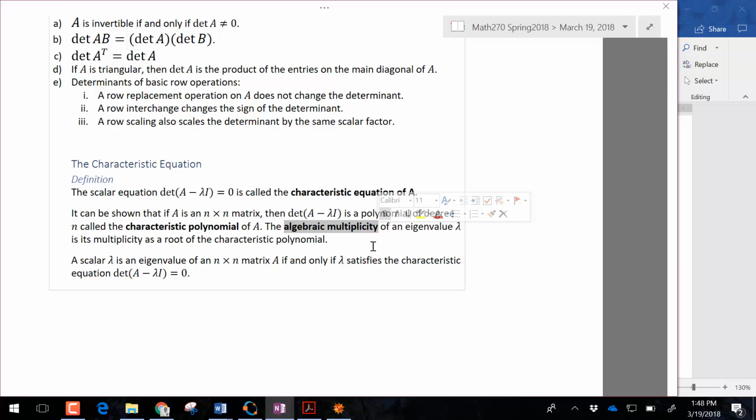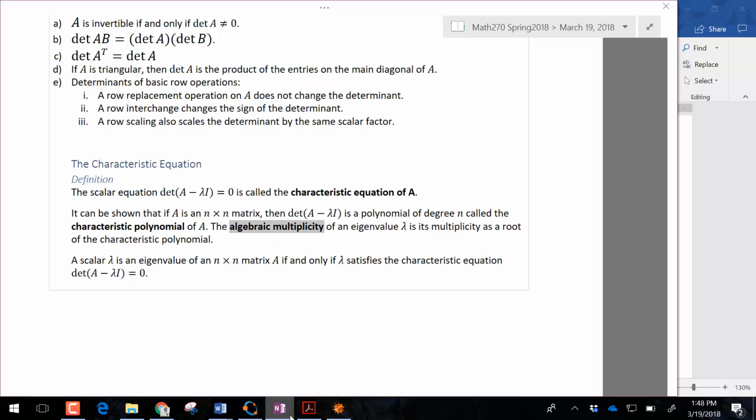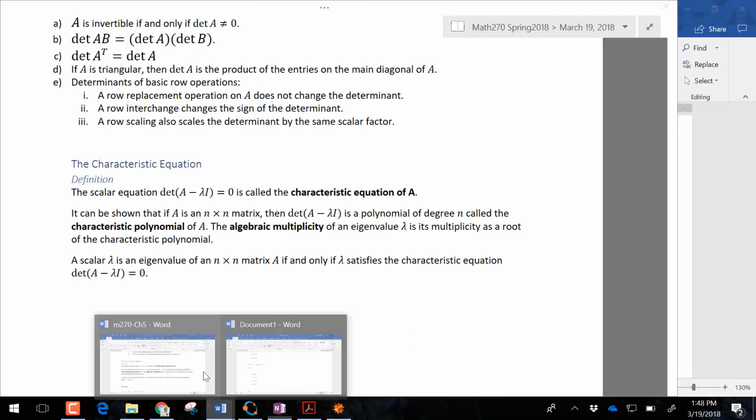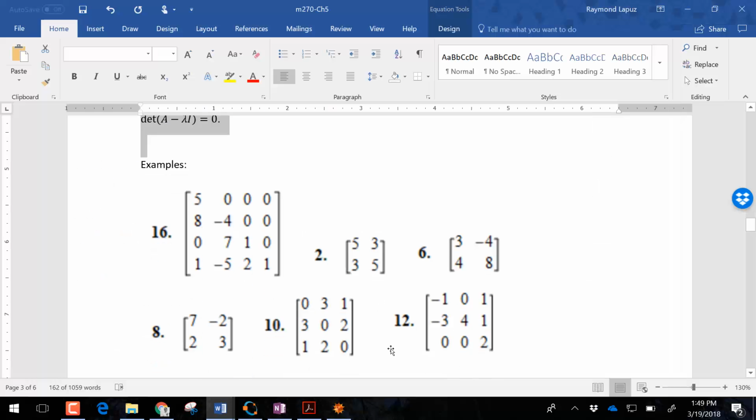All right, so let's do an example. There's an example here. Why is this first? Oh, because it's triangular. That one's going to be easy. Let's do number 16 first.